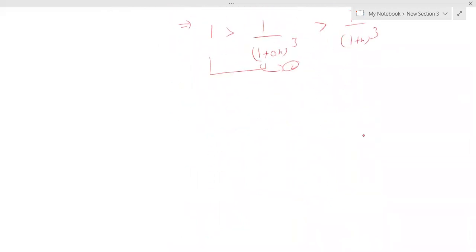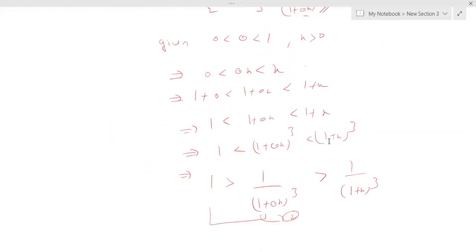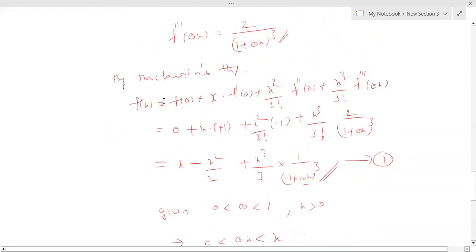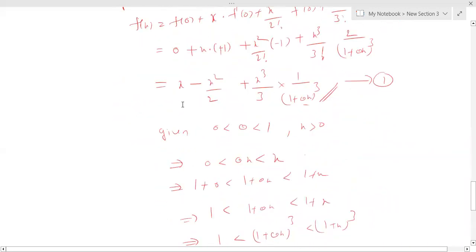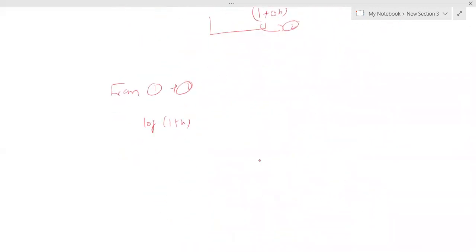From 1 and 2. From 1, f of x means log of 1 plus x equal to x minus x square by 2 plus x cube by 3 into 1 by 1 plus theta x whole cube.